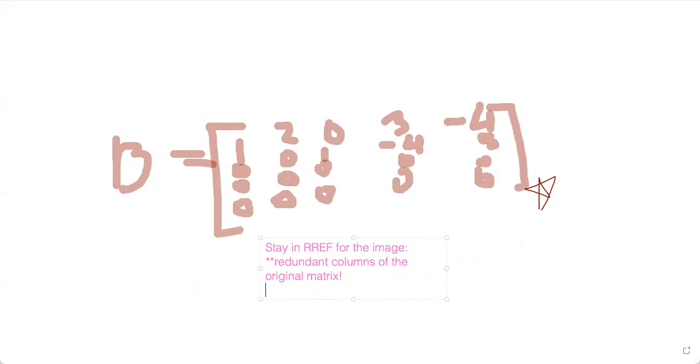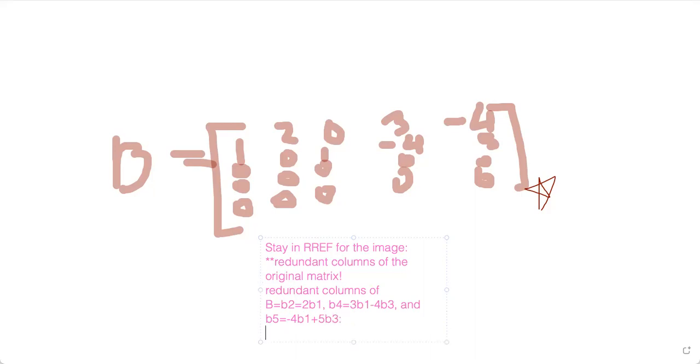Here's the interesting thing that we can do. Let's look at the redundant columns of B, in other words, the RREF version. That would be B2 equals 2B1, and then B4 equals 3B1 minus 4B3, and finally B5 equals negative 4B1 plus 5B3.